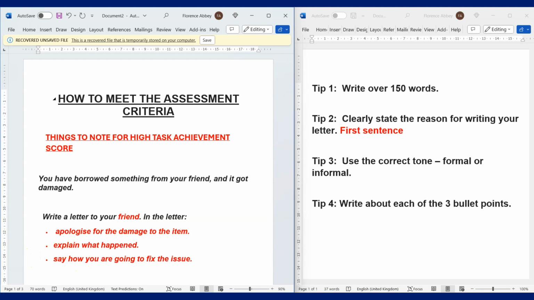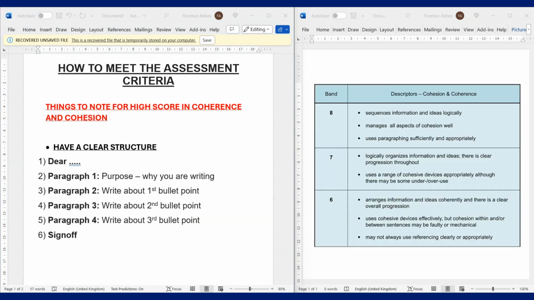Let's move on to the next criteria: coherence and cohesion. As we have been stating, coherence and cohesion talks about your ability to present a well-structured essay. If you look at the public descriptors, this is what you see for bands 6, 7, and 8.